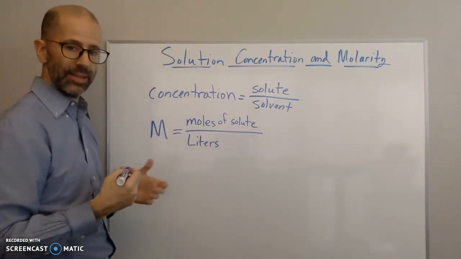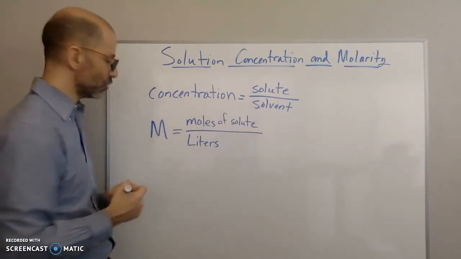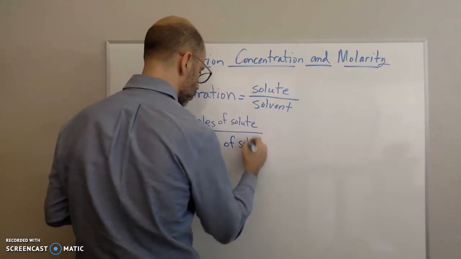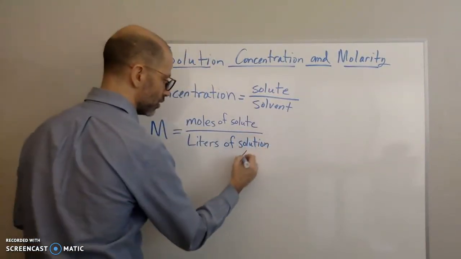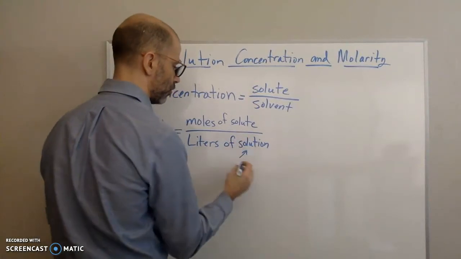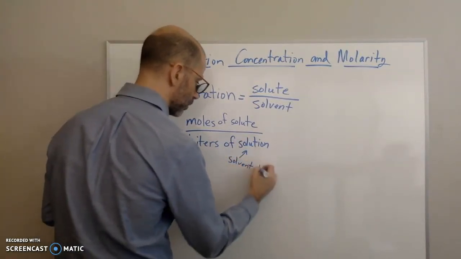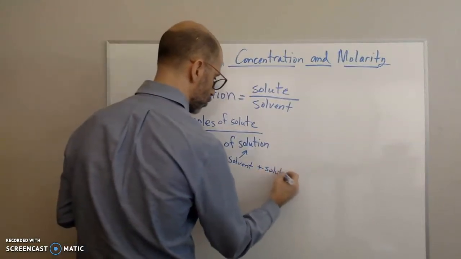Now, you might think liters of solvent, but it's not solvent, it's solution. Liters of solution. So again, the solution here, and it's really important to remember this, is the solvent plus the solute.